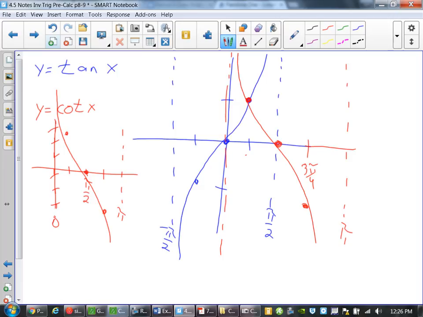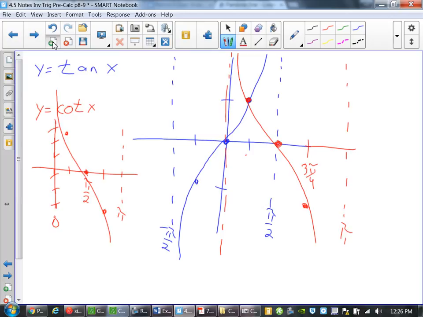So when you go to plot these things, you still set it up. Remember when we defined the asymptotes with the tangent graph, we set them equal to negative pi over 2, positive pi over 2? Well, instead of doing it at the pi over 2 intervals, we're going to set it at 0 and pi. Okay?